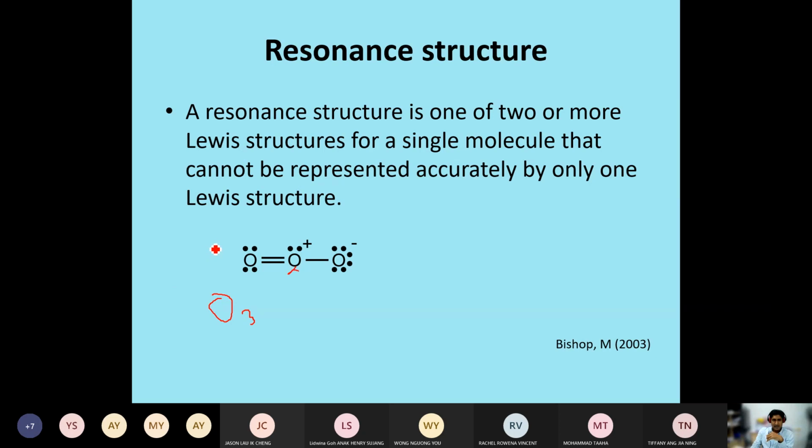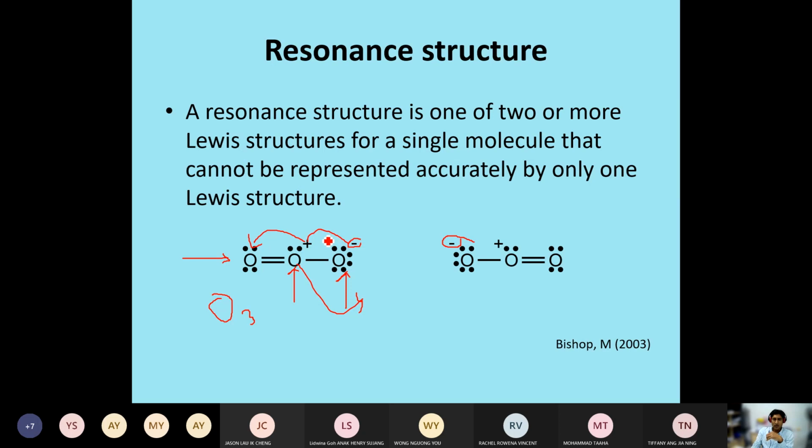But this oxygen atom and this oxygen atom do not have any difference. They are the same oxygen from the same periodic table, same property. So this charge will move around, from positive to negative, and sometimes this atom will carry the negative charge, sometimes that atom will carry the negative charge, and that is how they will be stable in this way.